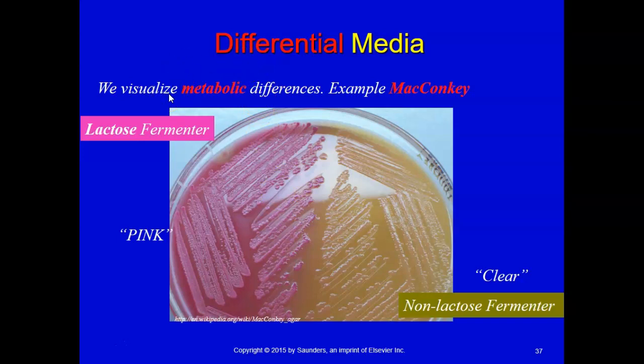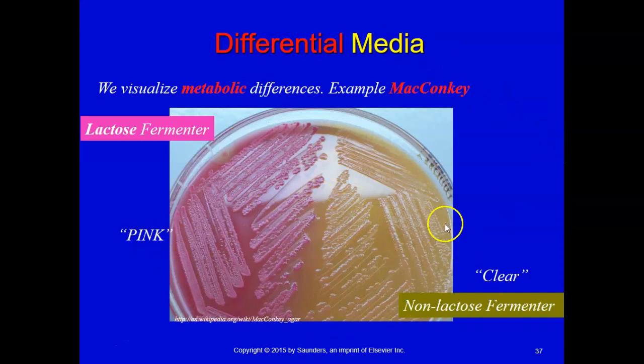It is differential because MacConkey allows us to determine if a bacteria is a lactose fermenter or a non-lactose fermenter. That means, can the bacteria use lactose as a form of carbohydrate or energy? The lactose fermenters turn pink on the agar. Now, if you have a non-lactose fermenter that cannot use the lactose as its carbon source, you will have a clear colony. So pink for lactose fermenters, clear for non-lactose fermenters.